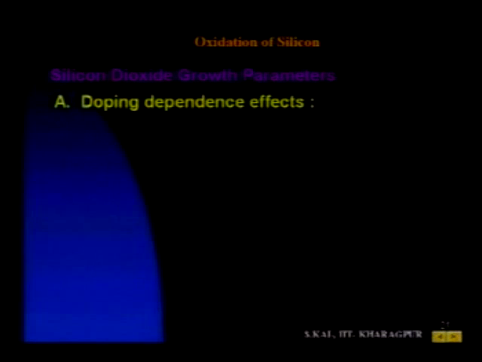So now the doping dependence effect we will study. Doping dependence effects. There are two doping dependent effects. One is the type of dopant, another is the concentration of dopants. Type of dopants are namely whether it is a p-type dopant or n-type dopant. That means whether the impurities are boron, or phosphorus, or antimony, or arsenic, like that.